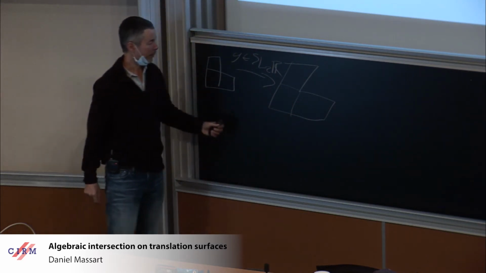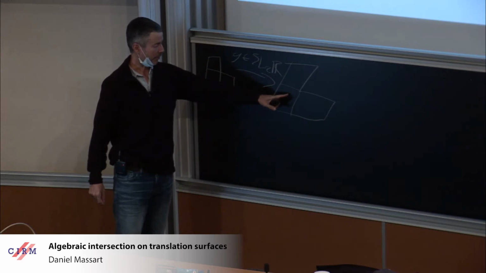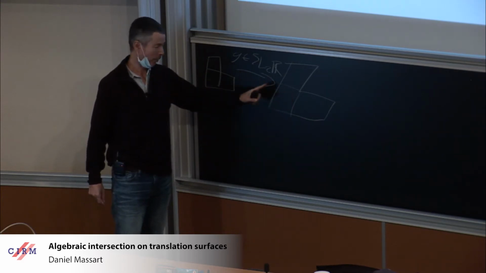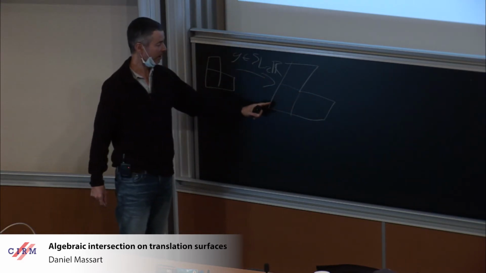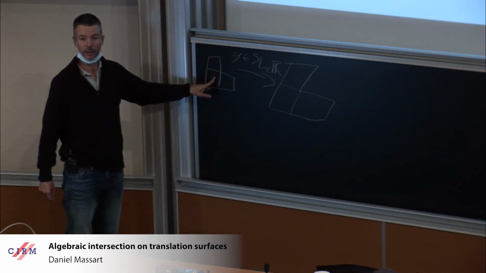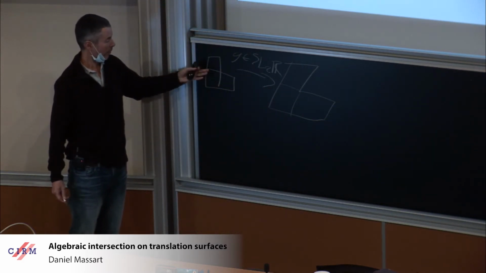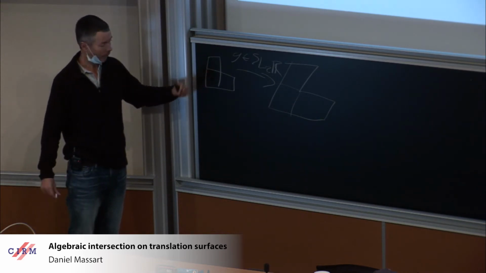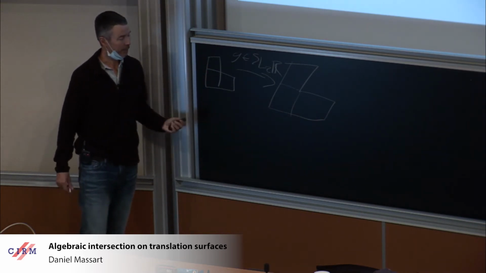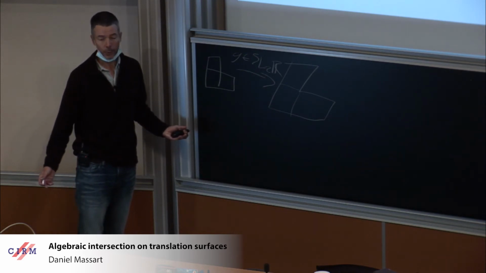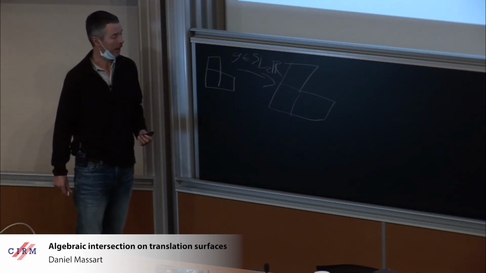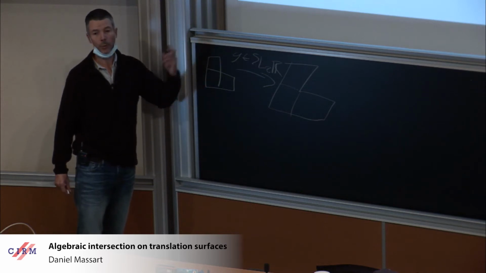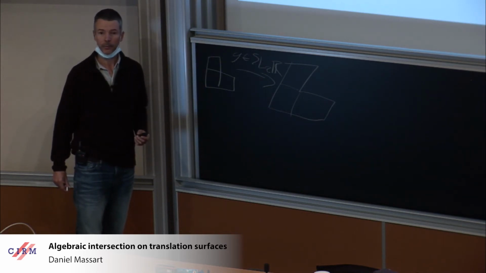But it could happen that the surface that I get when gluing the edges of this is actually the same as this. Because this surface could have what we call affine symmetries. Affine symmetries are a subgroup of SL2R, and this group is called the Veech group of my surface.